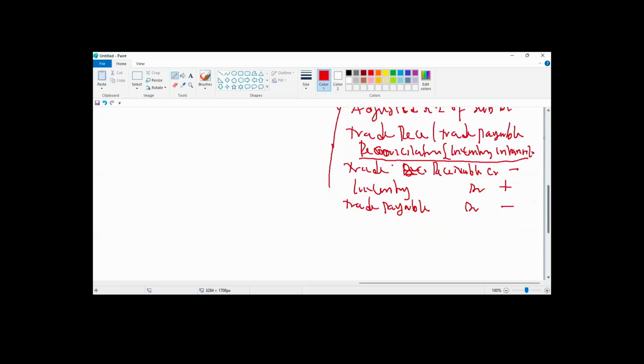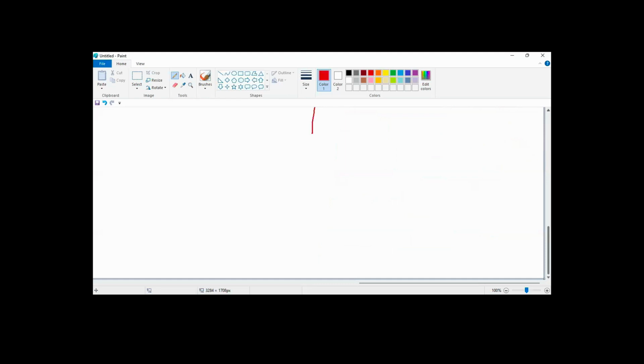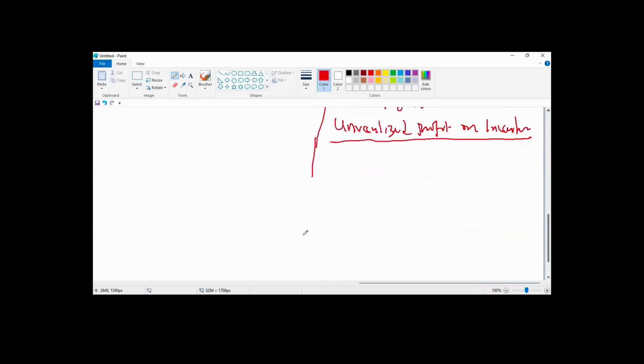Then we also talk about unrealized profit on inventory. Question comes to tell me about unrealized profit on inventory, which said unrealized profit on inventory, seller's account, which happens to be subsidiary, I will debit.